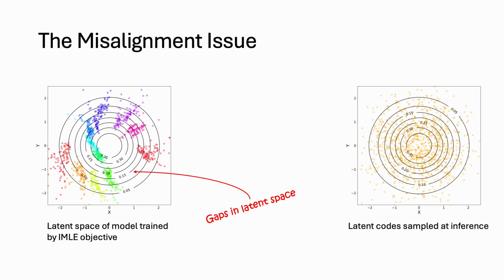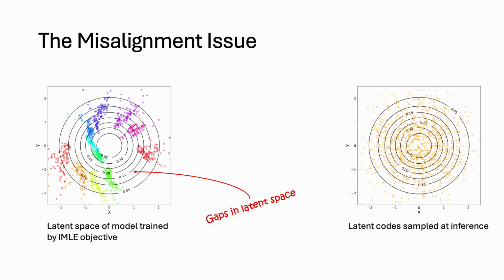However, in existing IMLE approaches, we observe an issue which we call the misalignment issue. For example, consider an IMLE model that has been trained using a 2D Gaussian prior. On the left, you can see the latent space used by this IMLE objective, with each dot representing the latent codes that were used for training.